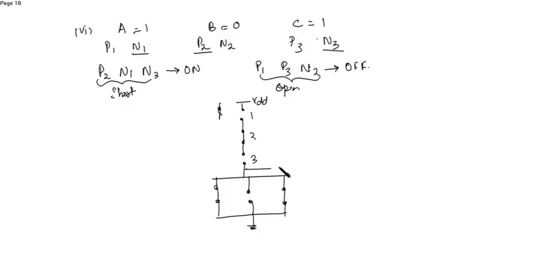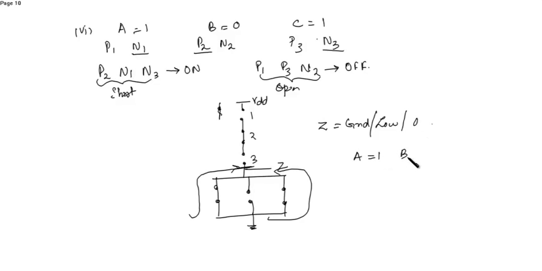Then certainly there will be a blocking over here and this will flow in the output. So Z is again ground, or you can say low voltage or 0. So when A is equal to 1, B is equal to 0, C is equal to 1, the obtained output will be 0.